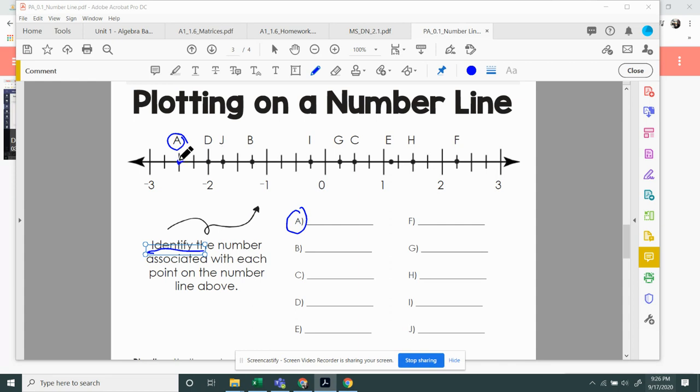It is halfway between -2 and -3. Remember, 0 is over here, so we count toward the left, which means we come to -1, -2, -3. So in between would be -2.5. So let's write that down.